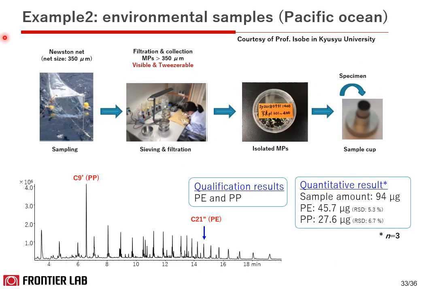The next is the analysis of the environmental samples collected in the Pacific Ocean off the coast of northeast Japan, which was provided by Professor Isobe in Kyushu University. Those floating on the surface of the sea were collected by a neuston net that was horizontally drawn at the surface layer of 1 meter, then sieved to certain particle size, and these samples were cryomilled and then pyrolyzed.